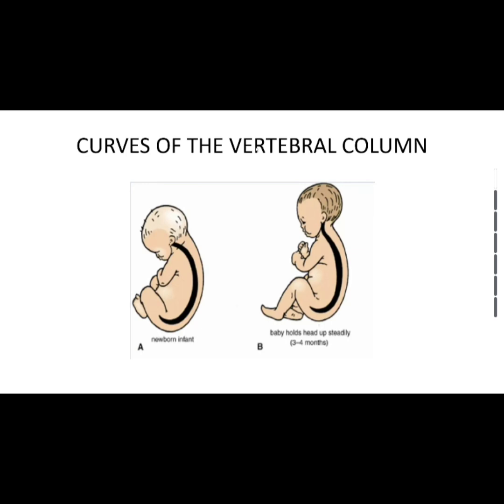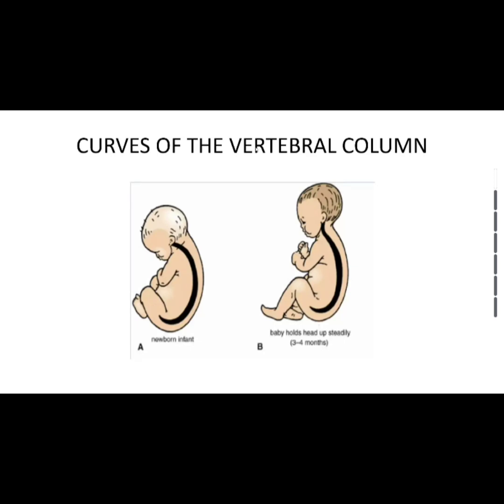In a newborn, when the fetus is inside the uterus, it is in an almost curved position, with the head and the knees almost touching. So there is that curvature. One curvature, if you look at it from the front, is anteriorly concave.